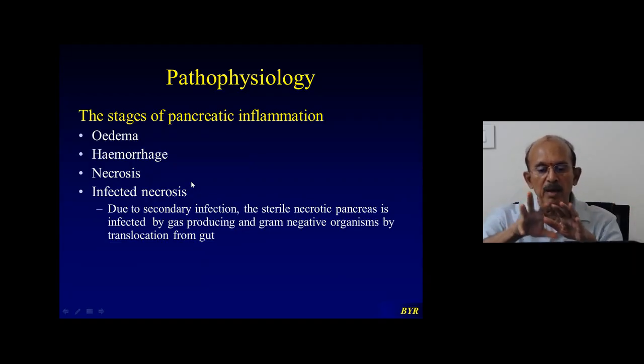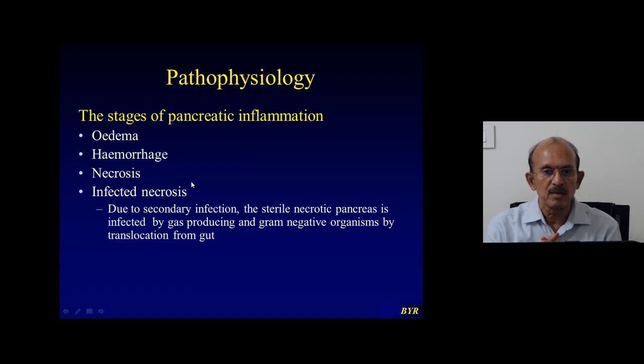The aorta is covered by the splanchnic plexus. So the splanchnic plexus is bathed by these chemical agents released from the digestion of the pancreas and surrounding tissues. So they get irritated. Whenever a nerve is irritated, it stops functioning. When it stops functioning, the gut becomes paralytic. That is called paralytic ileus.